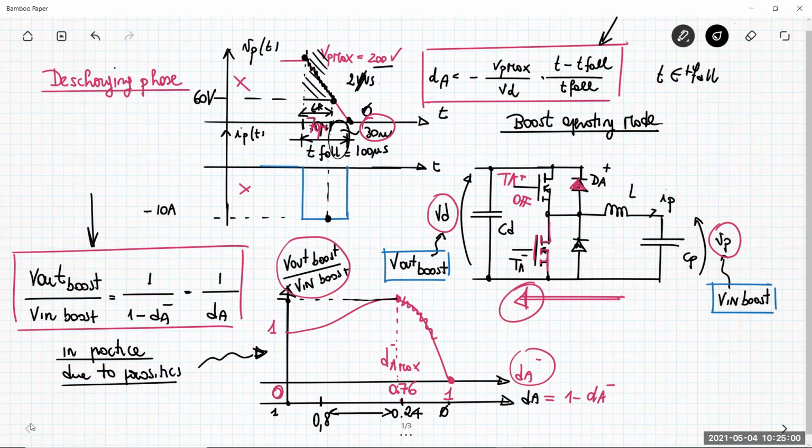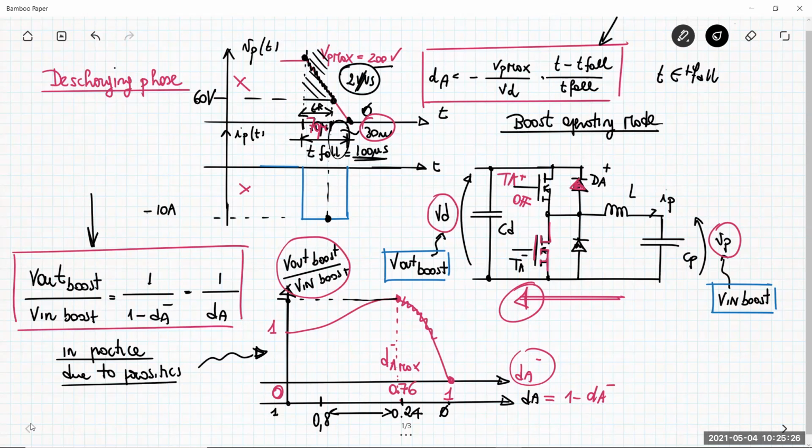So we have 200 volt, so the falling phase, like the rising phase, lasts for 100 microseconds. We can call this T rise for the energizing phase, or T fall for the discharging phase. This comes from the maximum 2 volt per microsecond rate for the voltage.